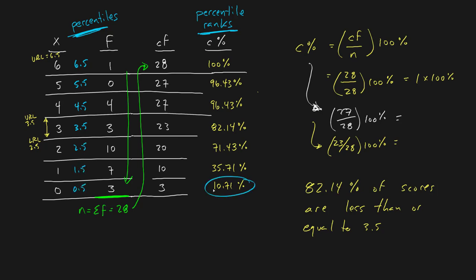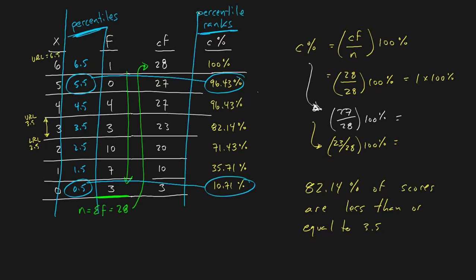So 10% roughly, of people scored less than or equals to 0.5. 96.43% of people scored less than or equals to the upper real limit of 5, which is 5.5. So these are my percentiles, and these are my percentile ranks.